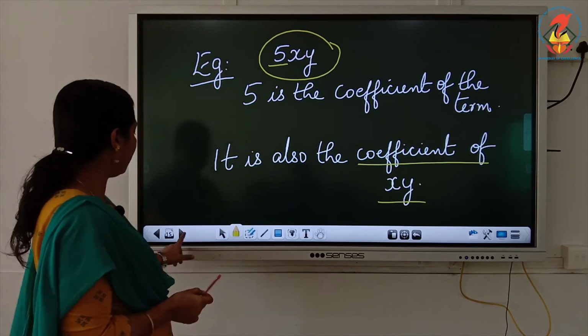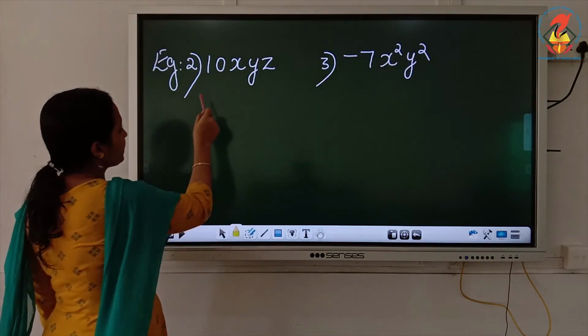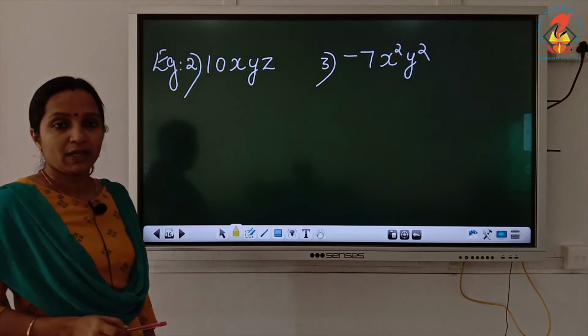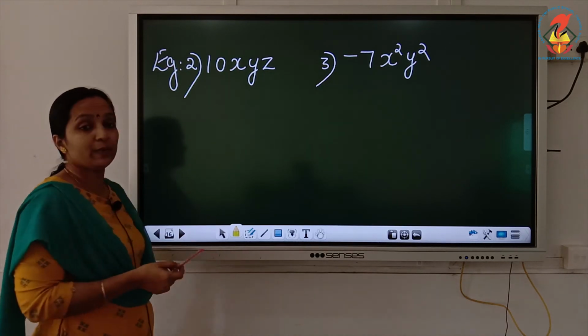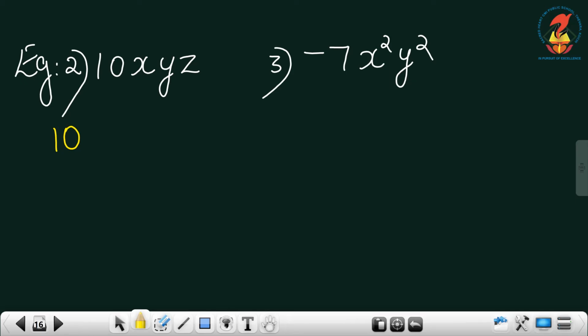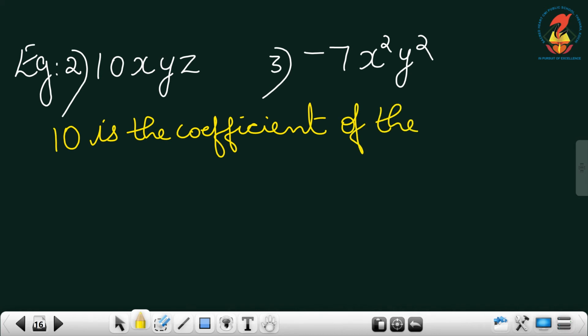I hope it's clear. Now look at this example 10xyz. Which is the numerical coefficient? 10 is the numerical coefficient, or you can say 10 is the coefficient of the term. 10 is the coefficient of the term, or you can say 10 is the coefficient of xyz.